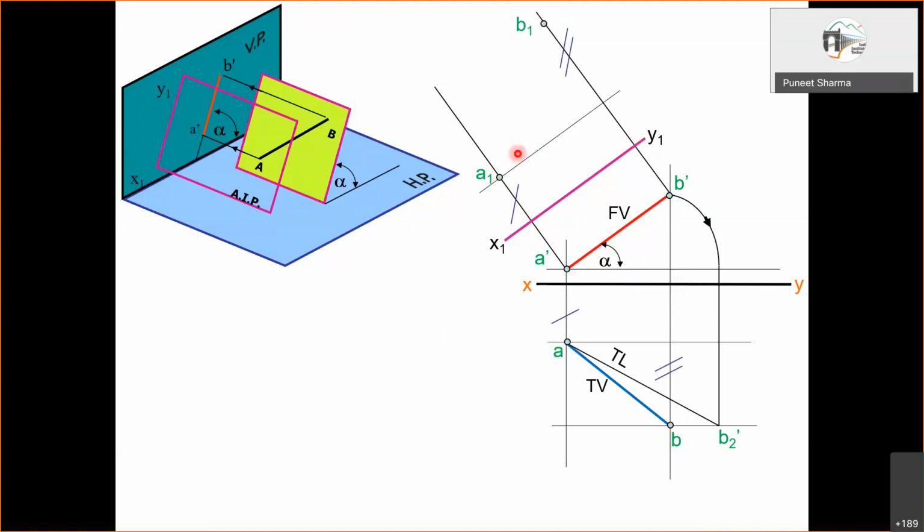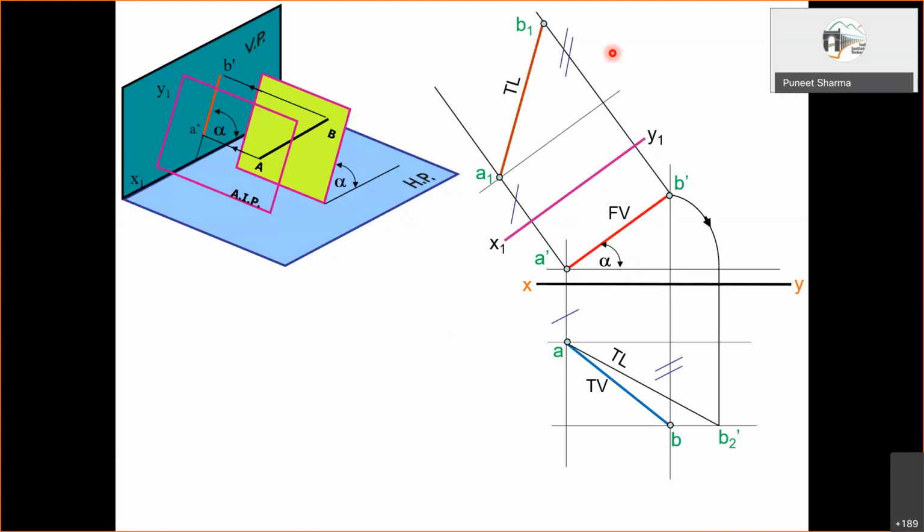This gives us the new top view, which will be termed the auxiliary top view. This will give us the true length, and it will give us the true inclination with the vertical plane.